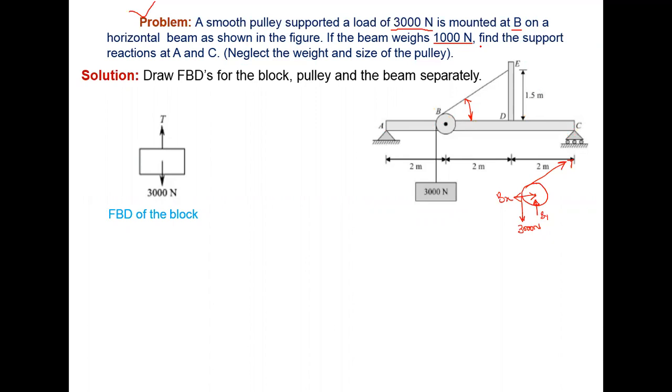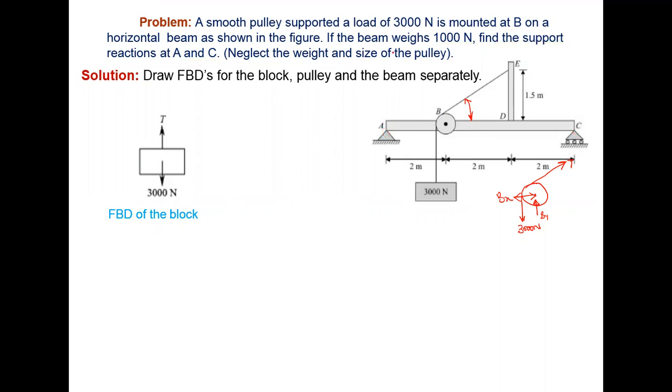So in that case, you have to find the support reactions at point A and C. Here it is given that you can neglect the weight and size of the pulley.